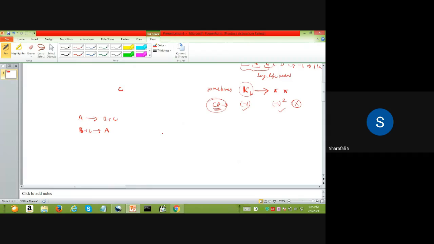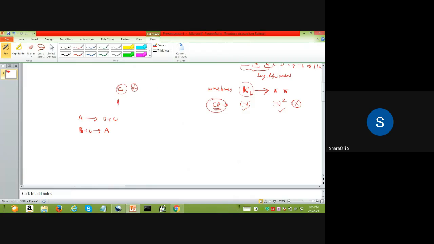Charge conjugation is not allowed in the case of weak interaction, because of particles like electrons and neutrons, so in weak interaction itself charge conjugation is violated.